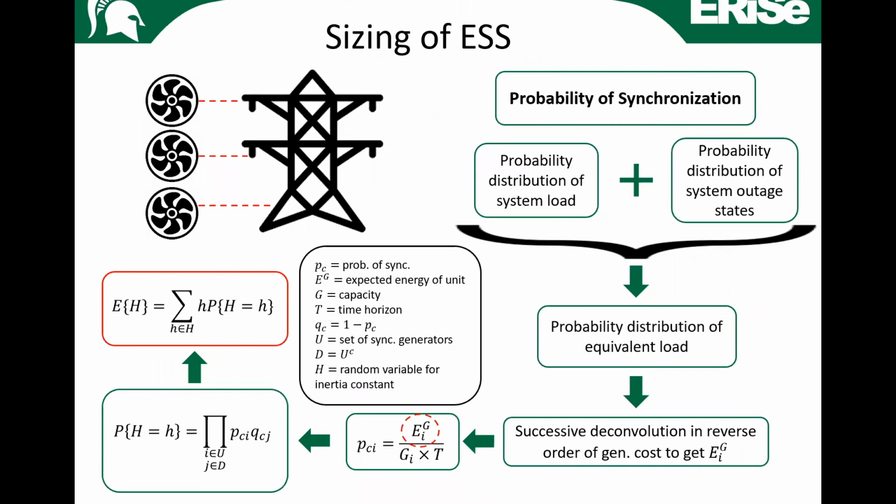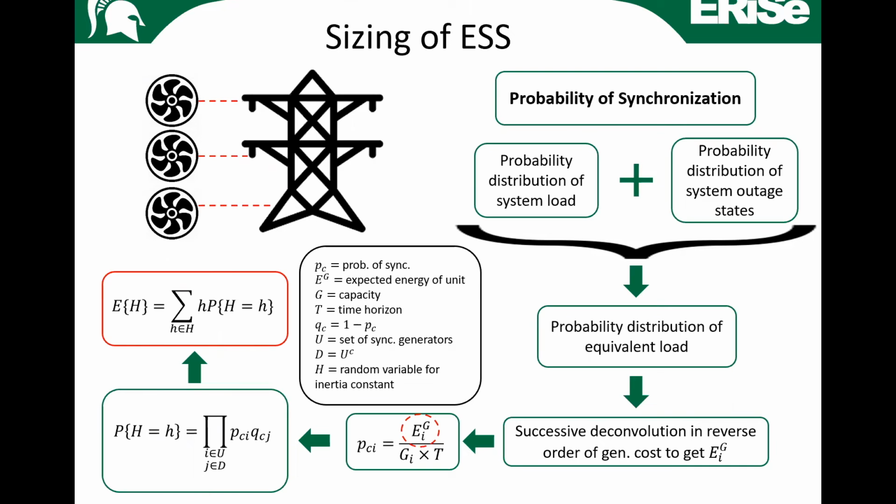Okay, so if you want to know a little more about what we did, we calculated what we call the probability of synchronization. And we got this from the probability distribution of the load and the probability distribution of system outage states to get the probability distribution of what is equivalent load. And then from that, we deconvolved one generator at a time to get the probability of synchronization of each generator. And it turned out that the probability of synchronization, when you look at the definitions, is very close to the concept of capacity value of that generator.